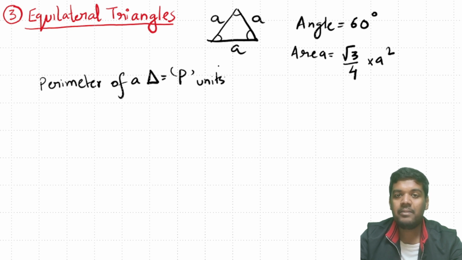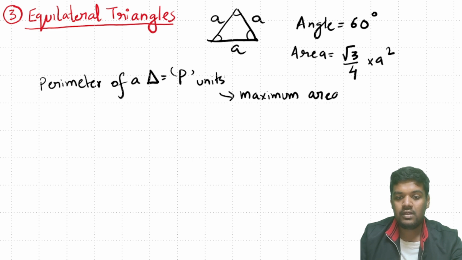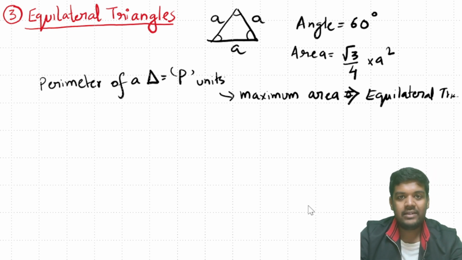That means अगर हमारे पास एक isosceles triangle है या फिर scalene triangle है या फिर equilateral triangle है जिसमें हर triangle का perimeter is constant, say p units, say 10 centimeters है या 20 centimeters है, so using that perimeter given, we can infer that equilateral triangle will be the only triangle with the maximum area. So maximum area will be of equilateral triangle, right?